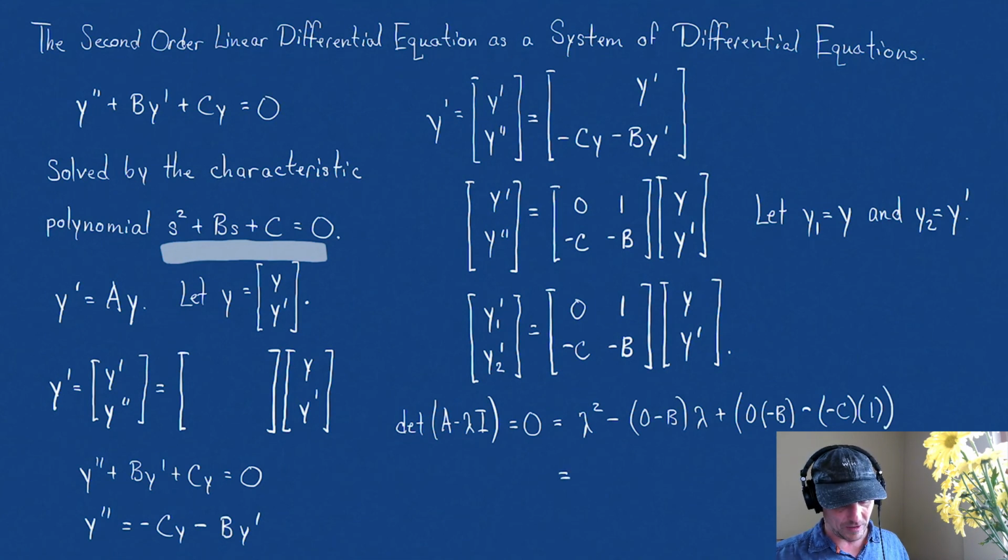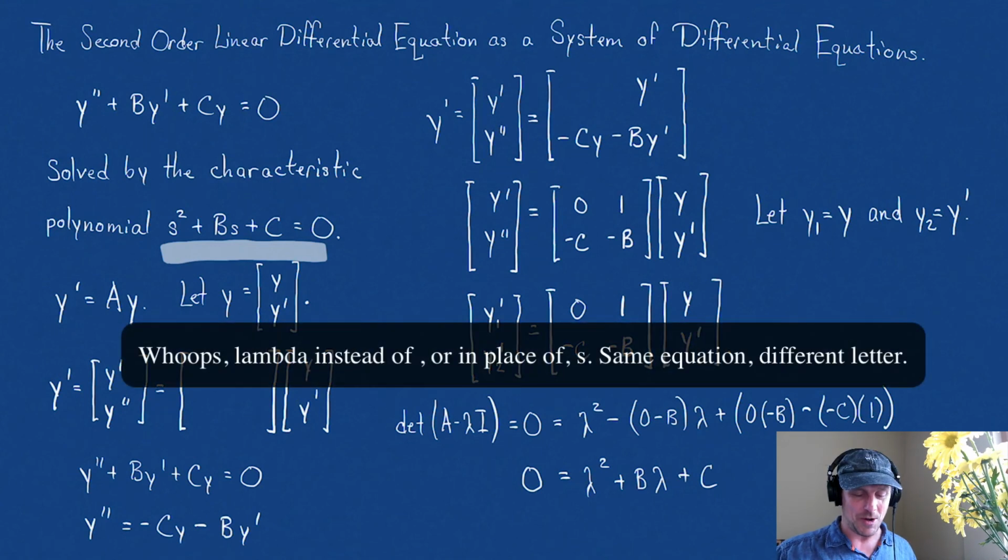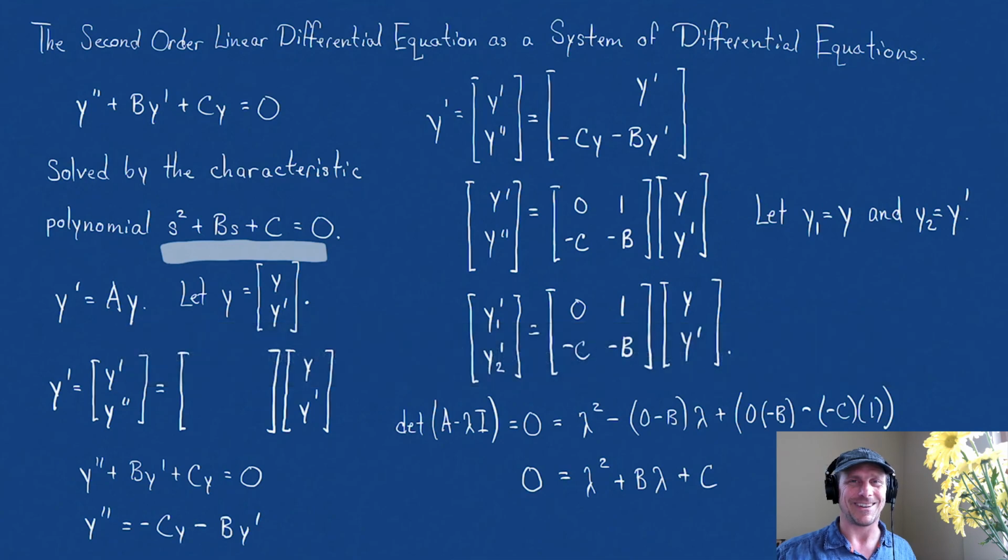Well, this is lambda squared plus b lambda plus c equals 0. And look at that. It's the exact same equation, but now we have a lambda instead of the s. And that is how we can take a second-order differential equation and solve it as a system of first-order differential equations. I hope that helps, and thanks for watching.